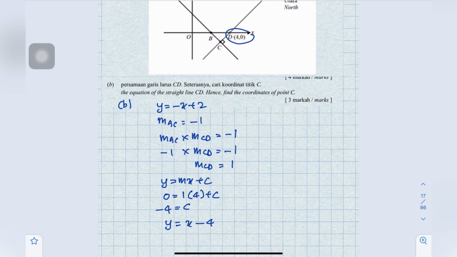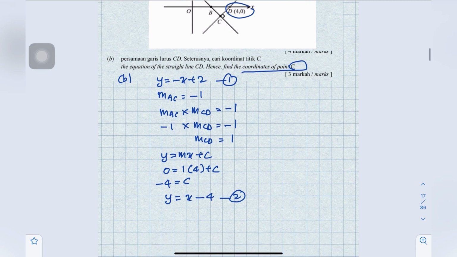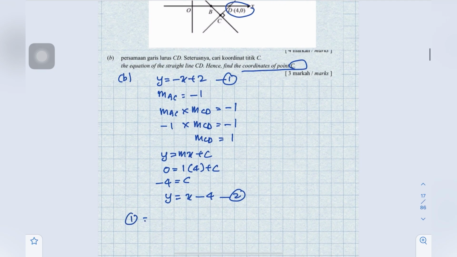Okay, so nak cari coordinate of C, C is the intersection point. So we use simultaneous equations. So this one equation 1, equation 2, we solve simultaneously. So 1 equals 2. So kita dapat x minus 4 equals negative x plus 2.